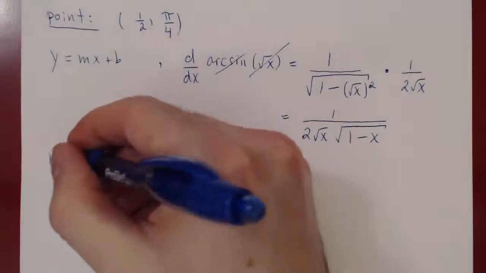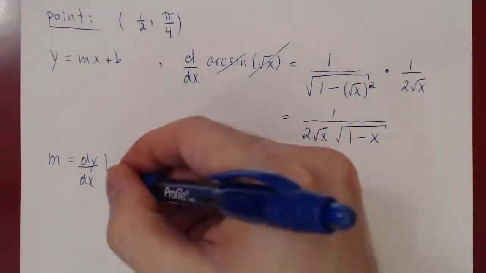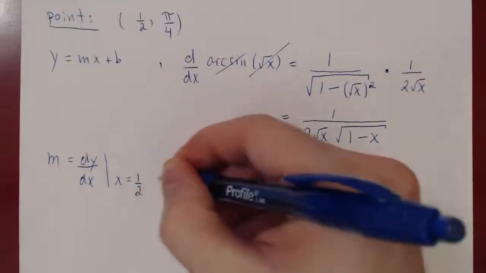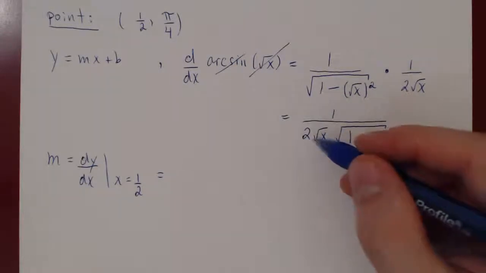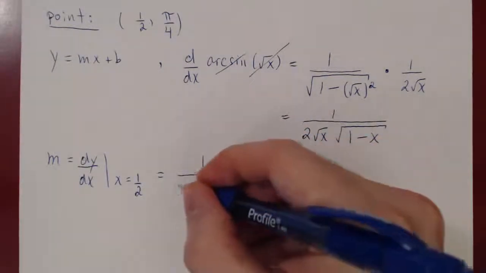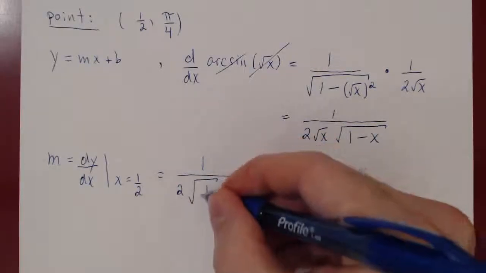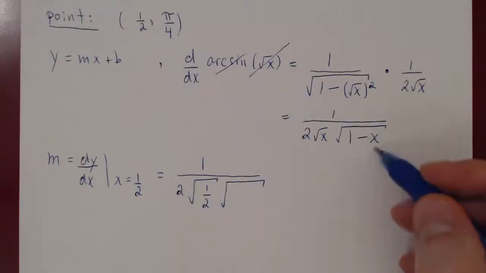So the slope is just the derivative of our function, specifically at x equals 1/2. Let's see what we get here. We'll have 1 over 2 times the root of 1/2 times the root of, and here we have 1 minus 1/2.